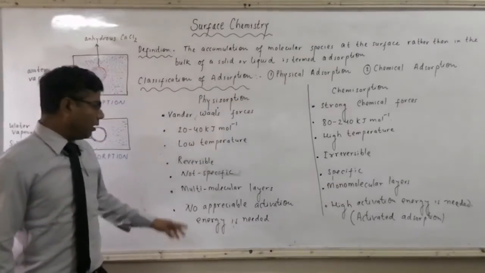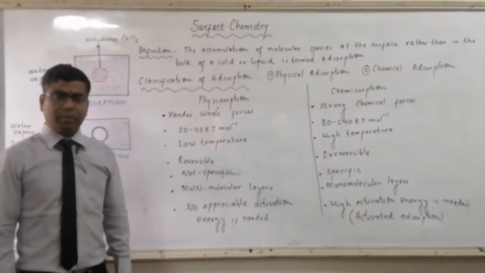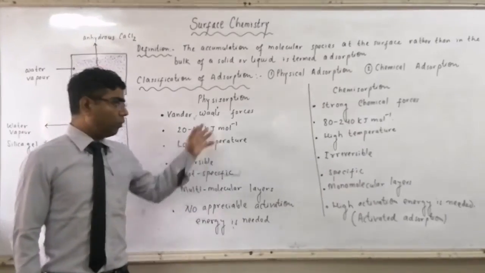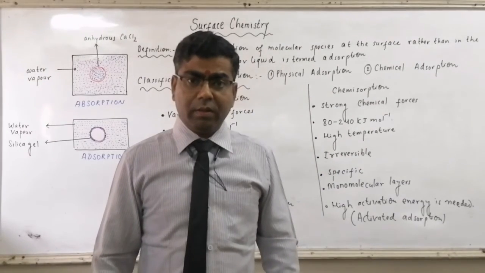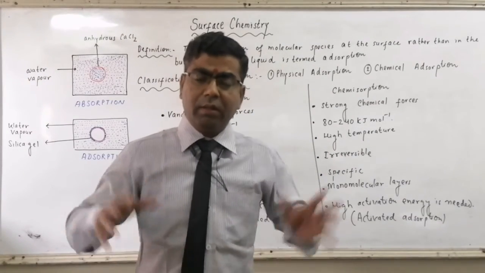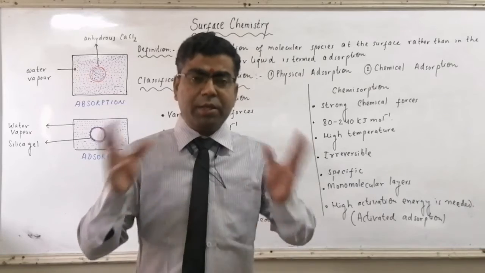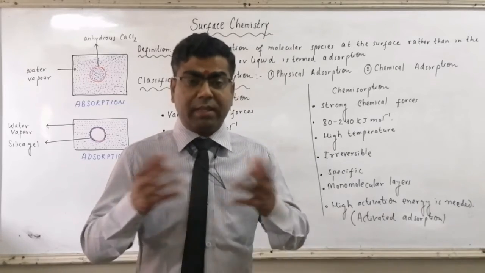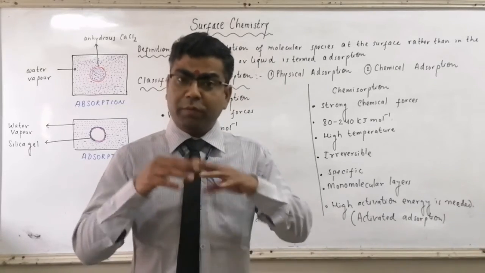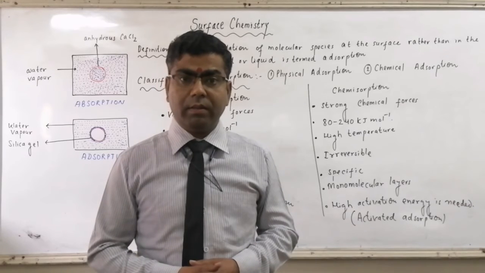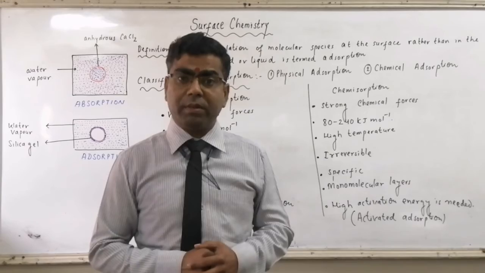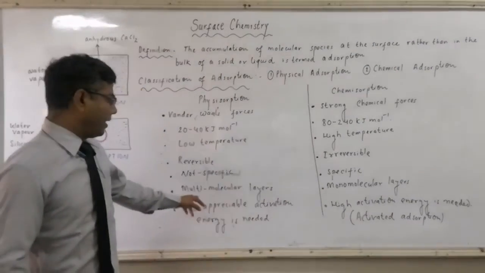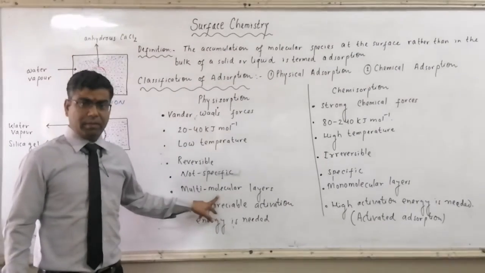Then comes the next one, multi-molecular layer is formed. I've told you the forces are weak, so they have long range. So wherever the range of van der Waals force of attraction is there, adsorption will take place. More the range, more layers will be adsorbed. So it forms multi-molecular layers.